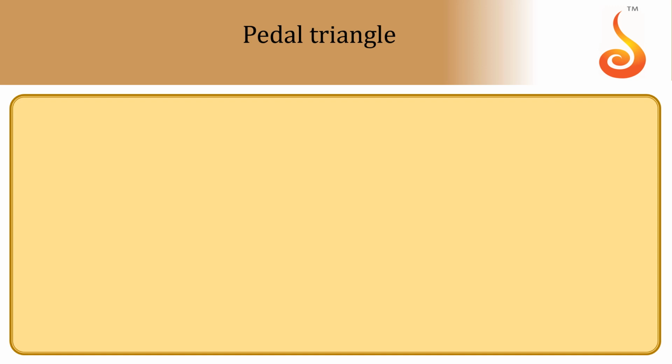So for the pedal triangle, if you observe the lengths, what are the lengths of the pedal triangle? Suppose ABC is a triangle, AD. Let D be the foot of the perpendicular, E the foot of the perpendicular from B, F the foot of the perpendicular from C. Then this triangle DEF is called the pedal triangle.